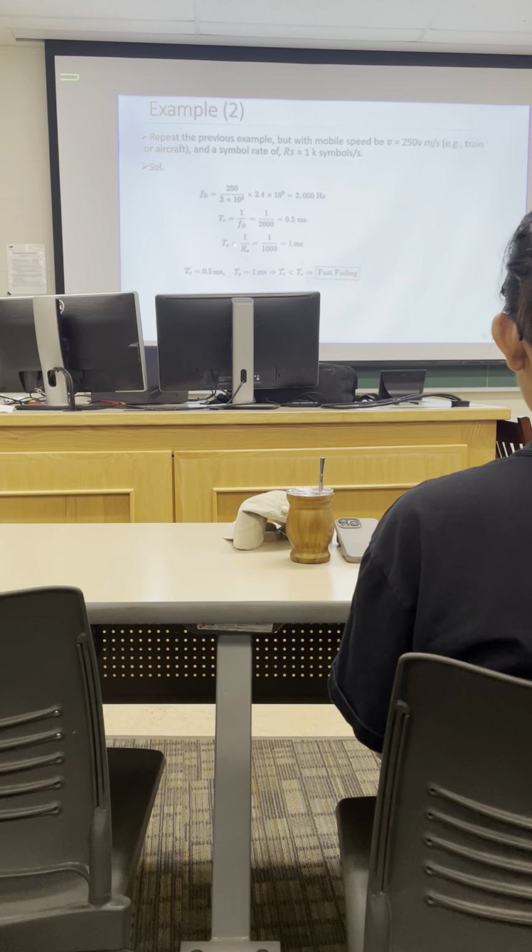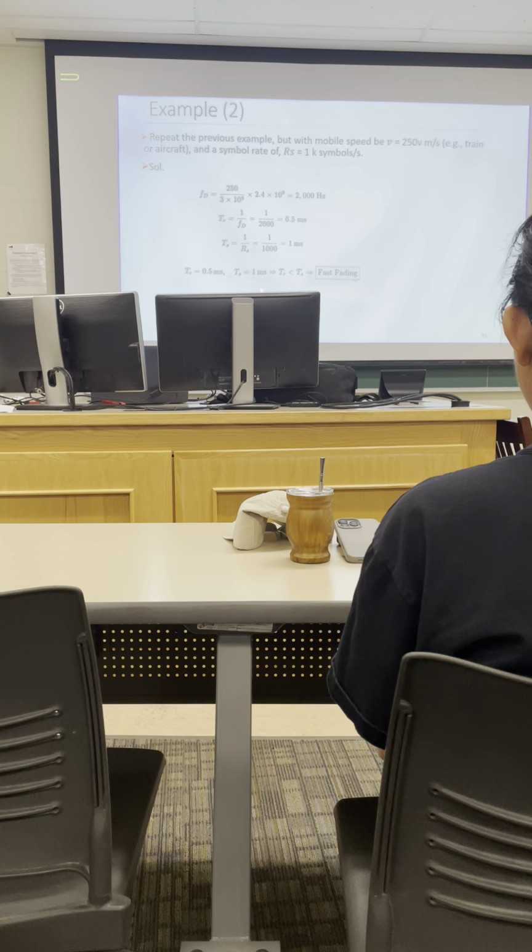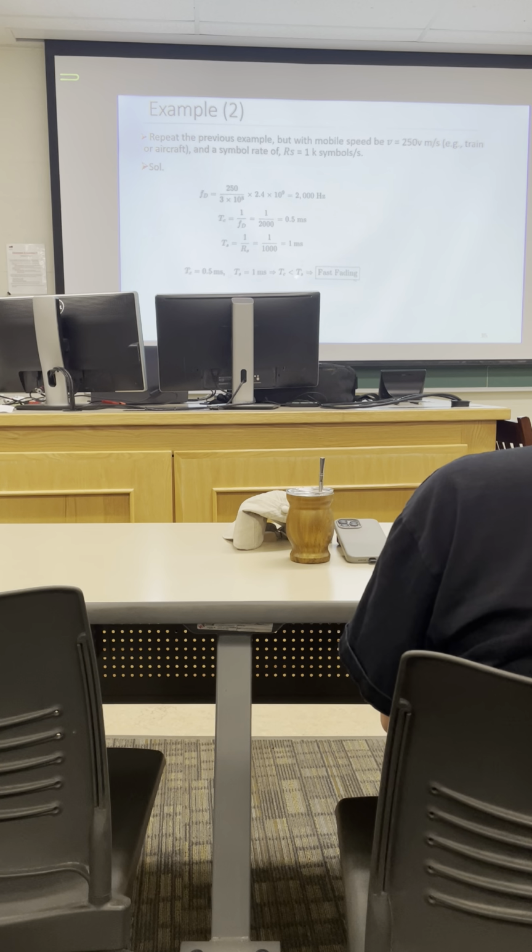And also I can calculate TS from the symbol rate, and then I obtain 1 millisecond, okay? So I will compare two quantities together, and then I will realize that unfortunately the coherence time is smaller than the symbol duration, and in this case I will have what is called a fast fading, okay?